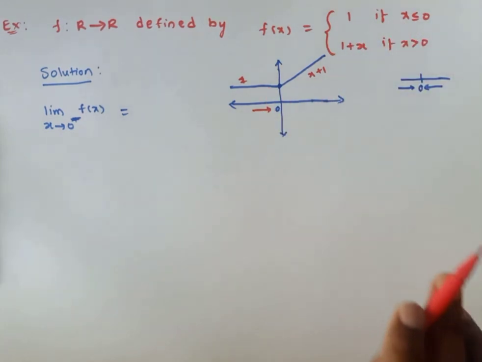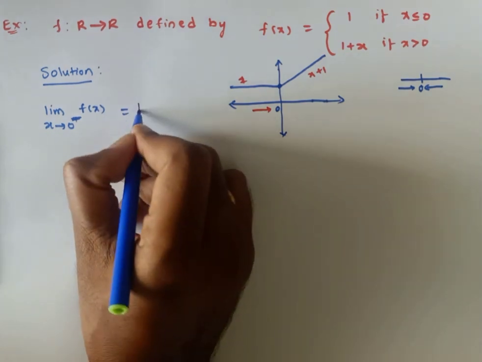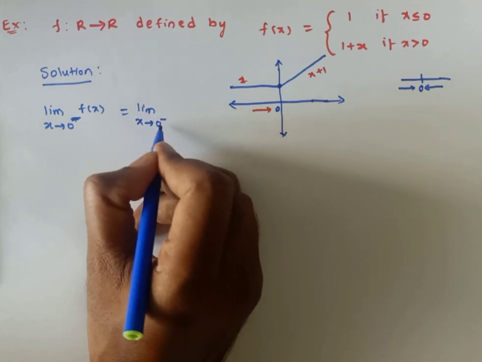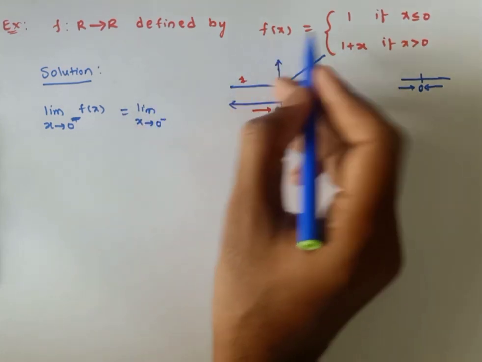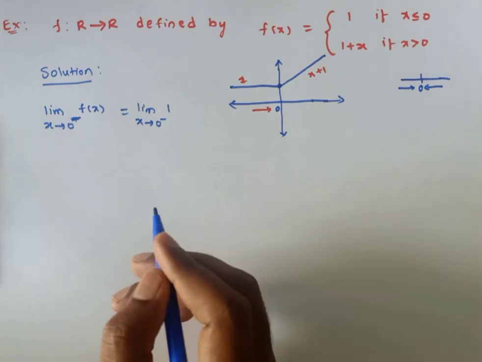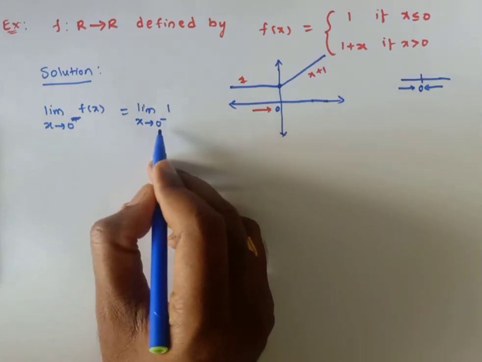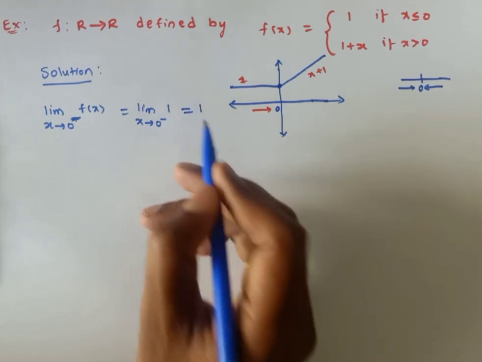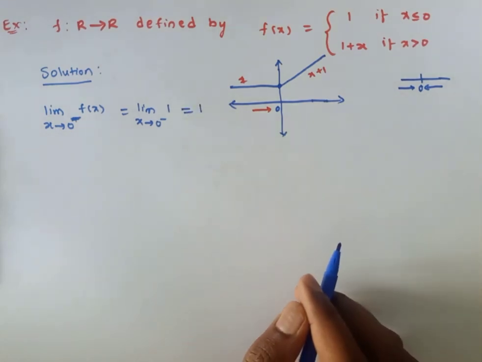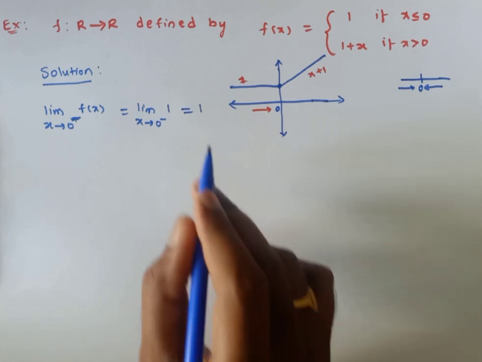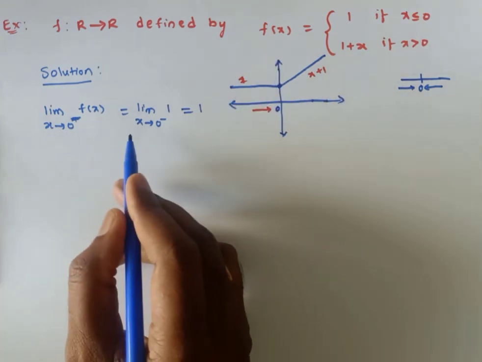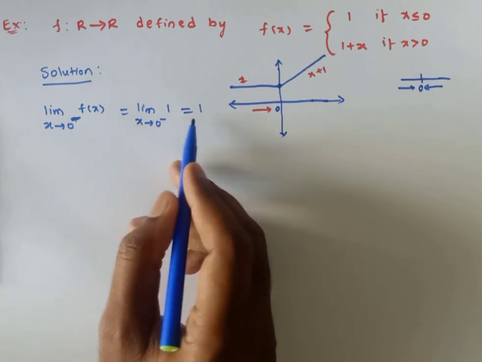So we need to consider f of x as 1 only. So when x values are less than 0, the function is defined as 1. Here 1 is a constant, so this is always 1 only. The limit of any constant function at x equals any real number is always that constant. Now the limit for this f of x as x tends to 0 from the left hand side is 1.